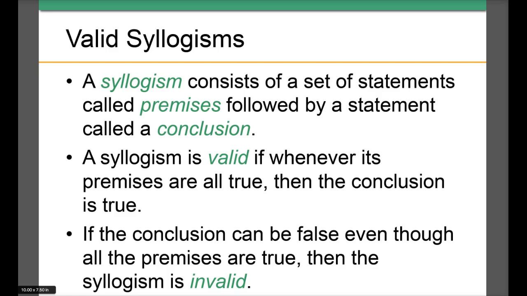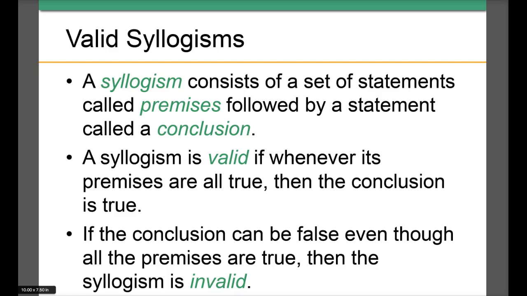A syllogism is considered to be valid if whenever its premises are all true, then the conclusion is true. So whenever a syllogism is valid, we know that whenever its premises, the things that come before it, are all true, then the corresponding conclusion is true.